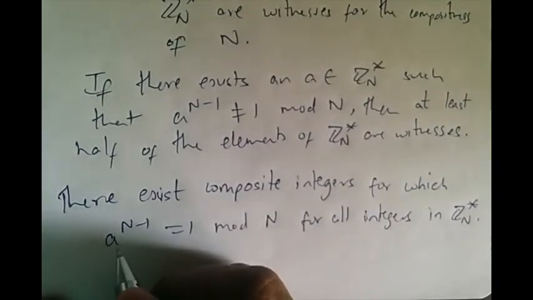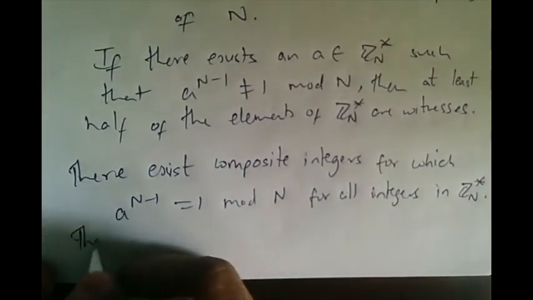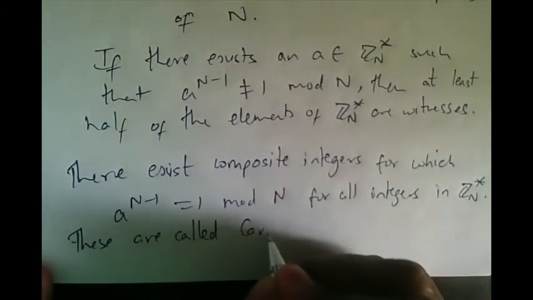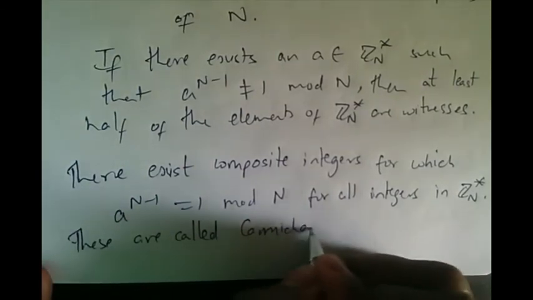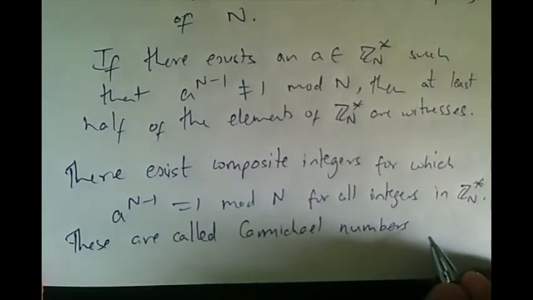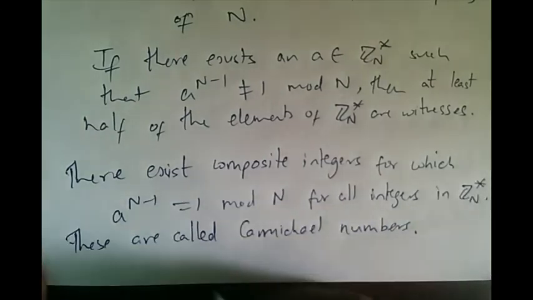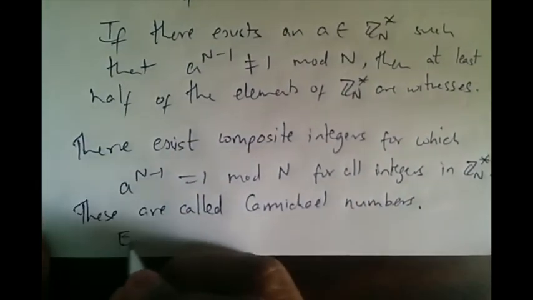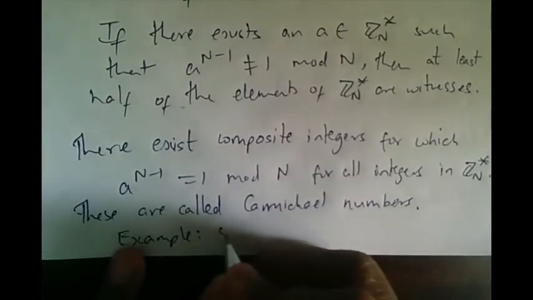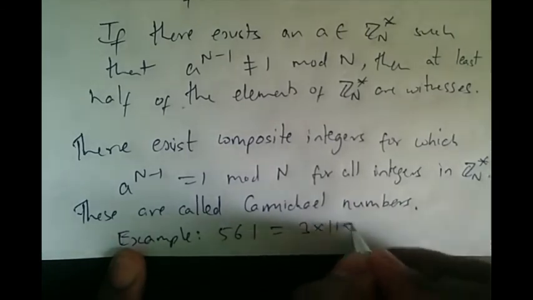These are called Carmichael numbers. And there exist infinitely many such Carmichael numbers. One example is the first Carmichael number, 561, which is composite. It's 3 times 11 times 17.